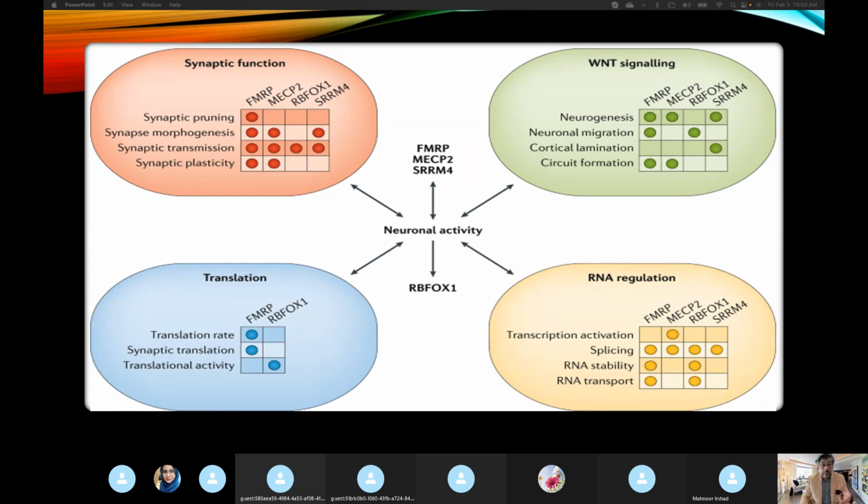And synaptic translation rate is compromised. So these things are very much in progress. So maybe in 5 years from now, we'll be able to understand all of these terms when things will be in the market more.